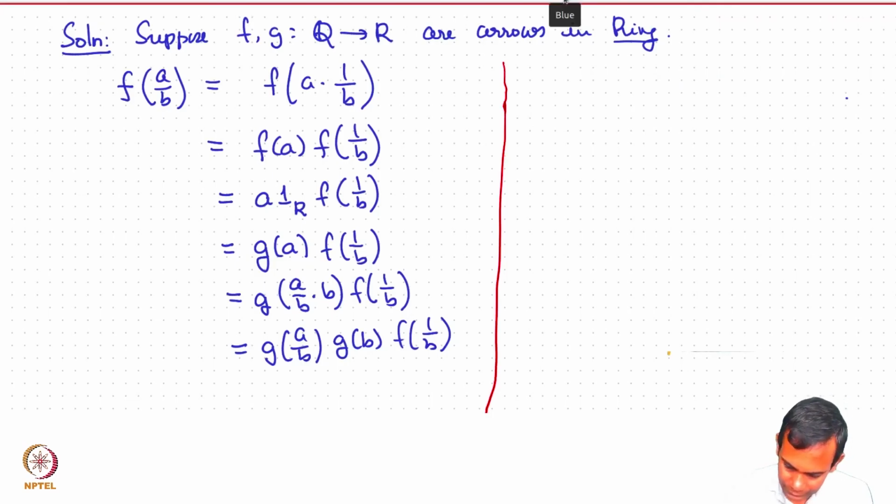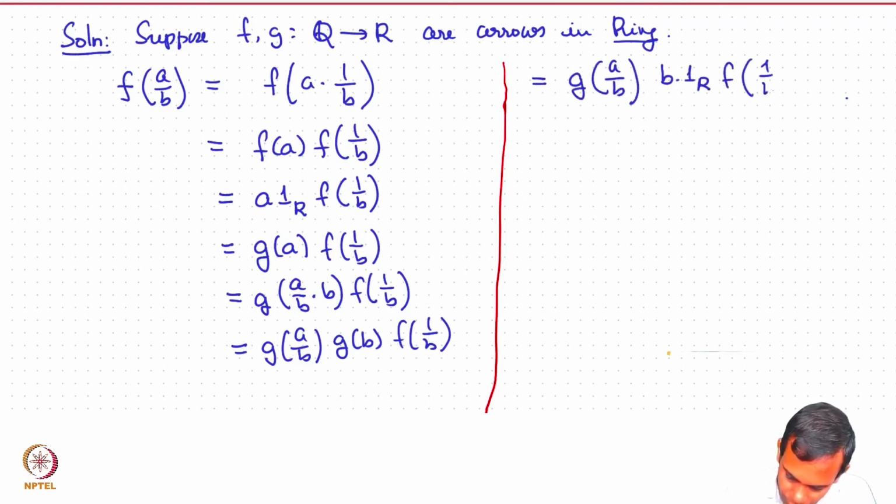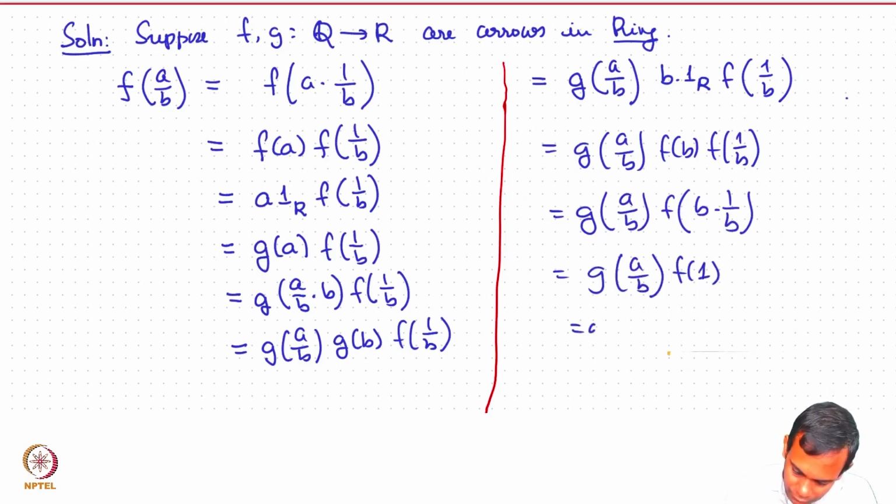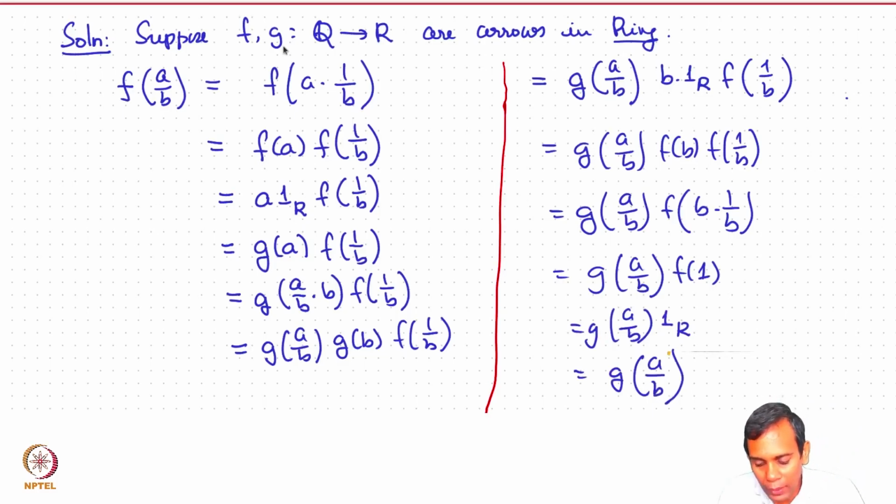Now G of B, as we've seen before, is B times 1 sub R. So this is G of A by B, B times 1 sub R, F of 1 over B. And so I can write this as G of A by B, and then F of B times F of 1 over B. That's G of A by B, F of B times 1 by B, which is G of A by B times F of 1, which is G of A by B times 1 sub R, which is just G of A by B. So what we see is that there's only one ring homomorphism from Q to any ring R. They are all equal.